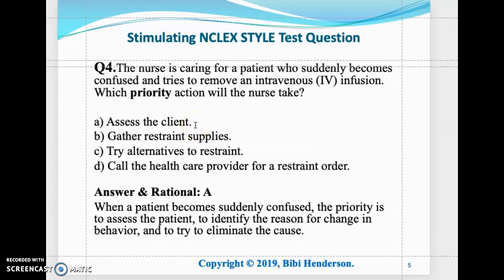So when a patient becomes suddenly confused, the priority nursing intervention is to assess the patient to identify the reason why the patient became suddenly confused. It could be multiple factors. It could be a change in the patient's medication. It could be that the patient is coming down with a urinary tract infection. So it's critical that you do your nursing assessment.